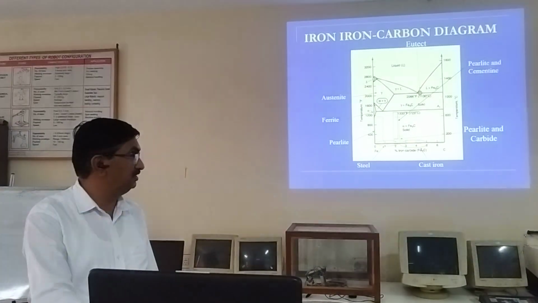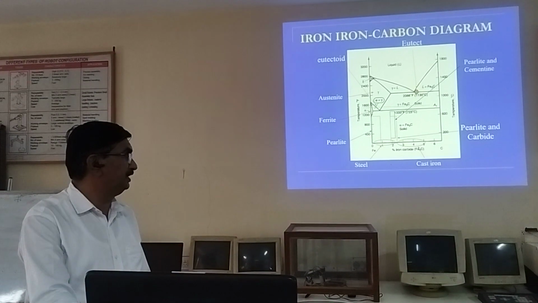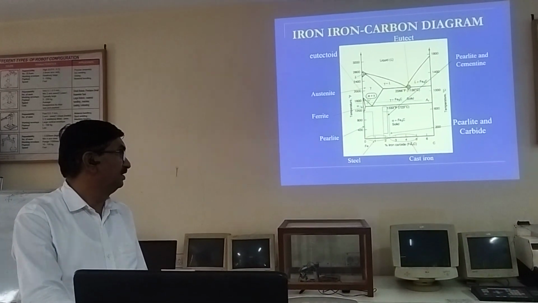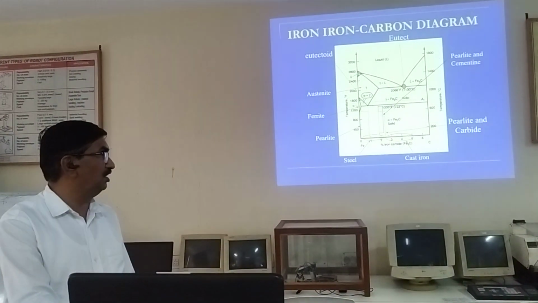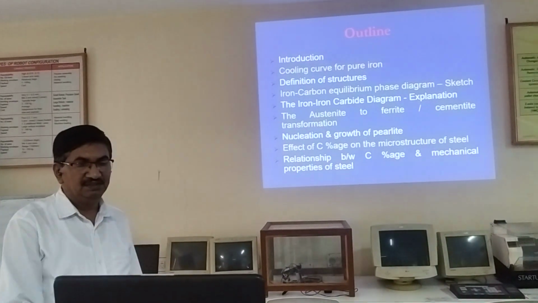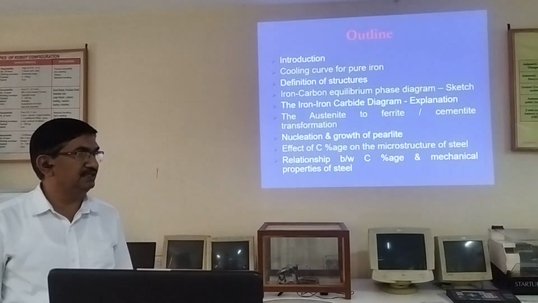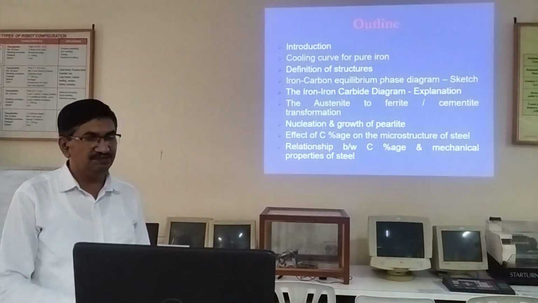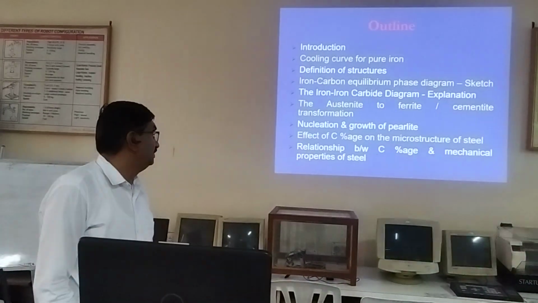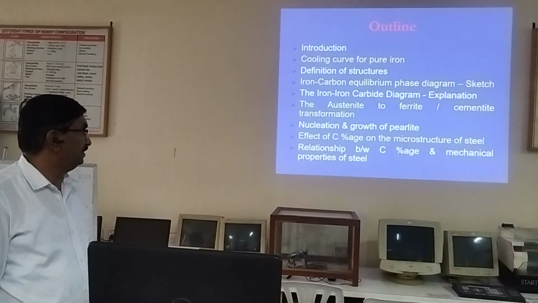The second reaction takes place at a temperature of 1130 degrees centigrade, and in this way we get austenite formation. The third reaction is one in which delta ferrite is produced, and after cooling we get gamma austenite.